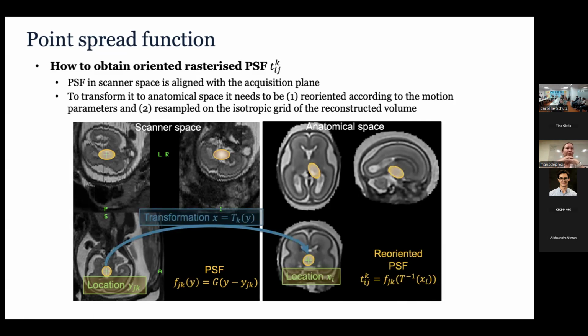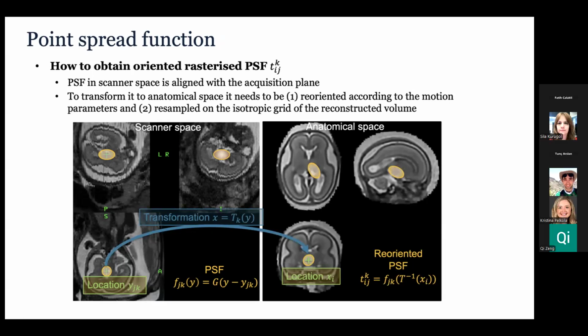This is a problem because each voxel has a different point spread function, even though it's the same in the scanner space. After reorienting it, each slice will have a different orientation, and if you rasterize it on the volume, each voxel will have a different sampling of this function. So none of them are the same. This is why it is such a computationally heavy task, because you need to calculate a very big sparse matrix: the number of voxels in your acquired data is one dimension, and the other dimension is the number of voxels in the reconstructed volume. So it's huge.